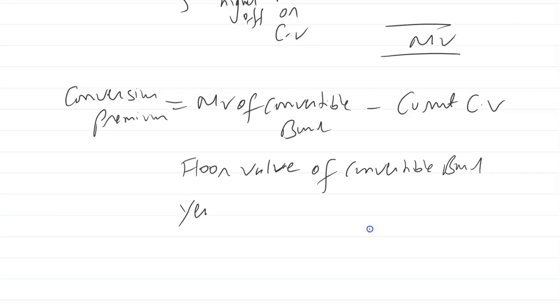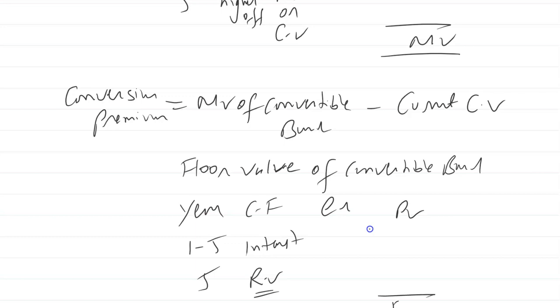We will use the same formula, but instead of conversion, now you will only do the redemption. If you only redeem the bond, the market value of that bond is called the floor value. Discount these cash flows at before tax Kd, required return or yield.